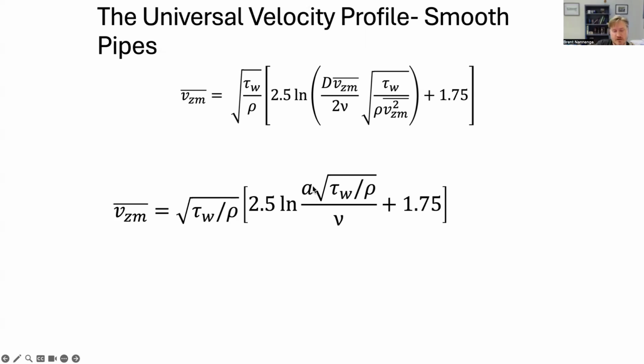Instead of going from the pipe wall up to the middle of the pipe, we're going from the pipe wall and integrating over the entire radius. And so we're just using a here instead of different values for y. But this here is the equation you'd use to calculate your mean velocity through the entire pipe.